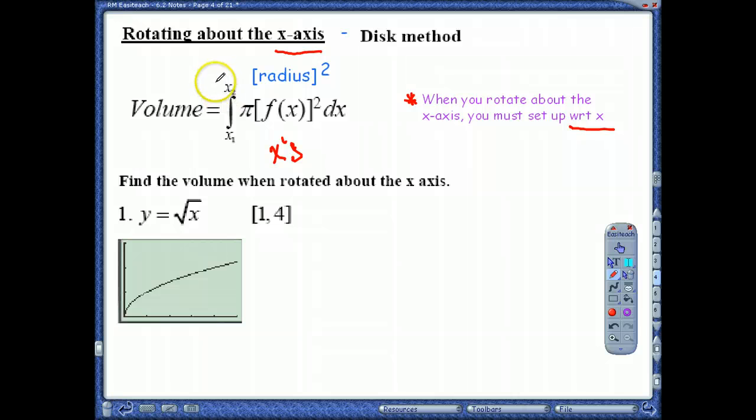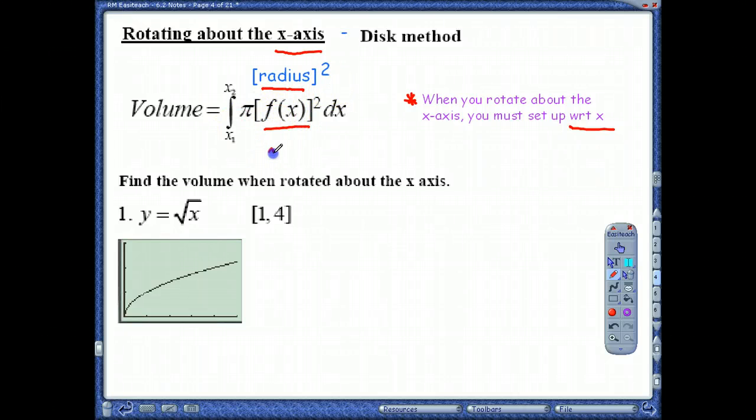Your endpoints or your limits here, those have to be x's. When we set up our integral, we're going to take that base area, so that pi times our radius squared, that's our base area. But remember, our radius changes. So because that radius changes, we have to put the function in there. So it's pi r squared, so it's got to be pi f of x squared.